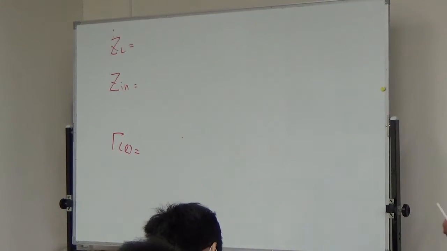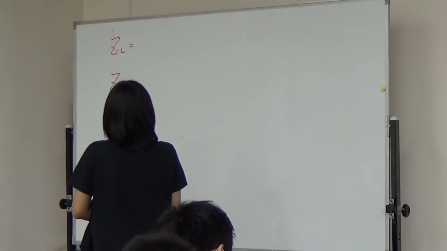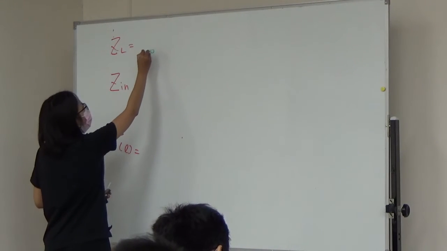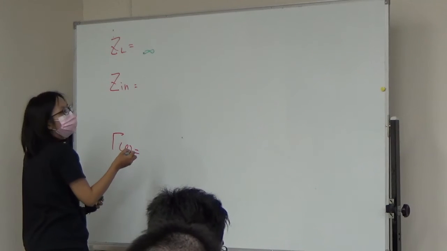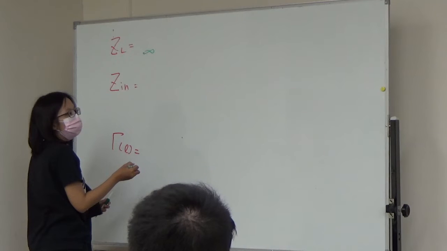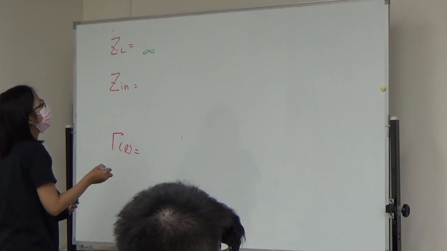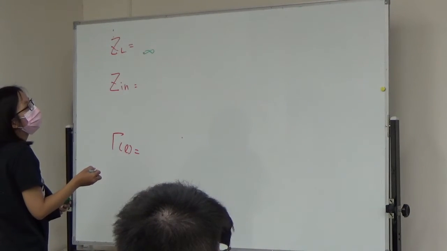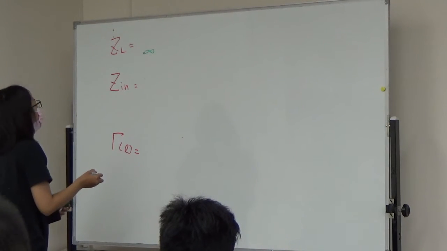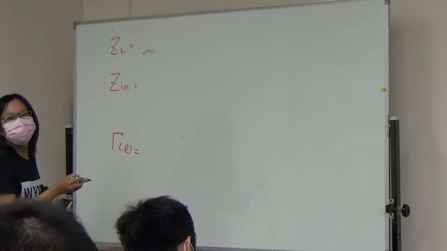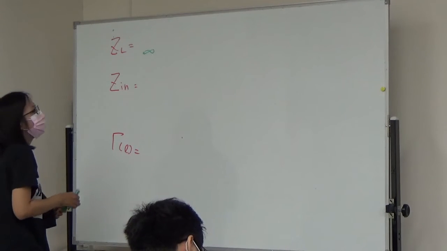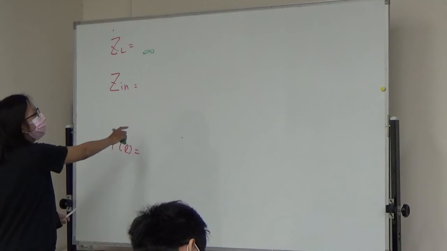Okay. So if you connect to an open, ZL equals infinite, right? So your input impedance will become, according to this equation, Zin equals to... for 5 points, because you need to write it down, not only infinite.